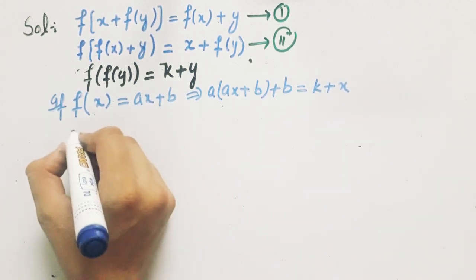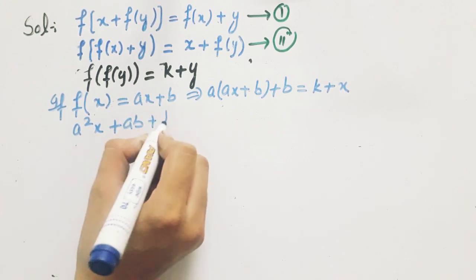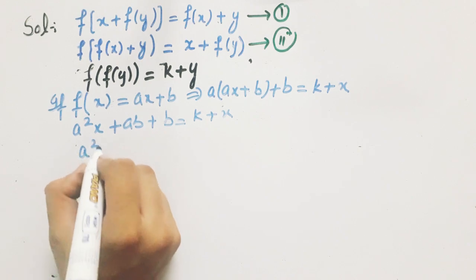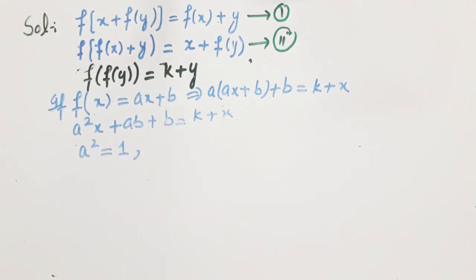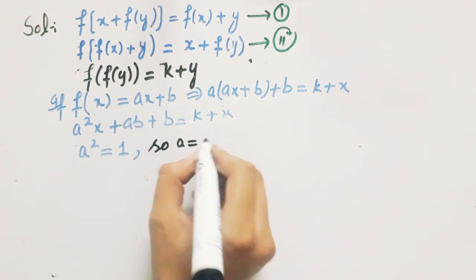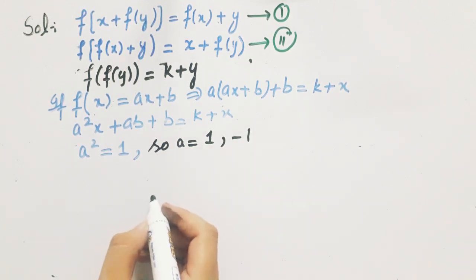So it means a square x plus ab plus b is equal to k plus x. This implies that a square is equal to 1. So a is equal to 1 or a is equal to minus 1, we will get two values.